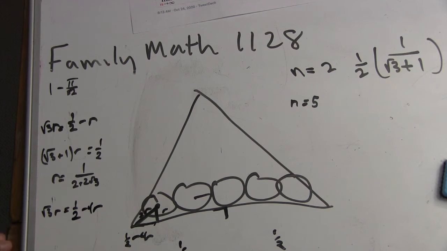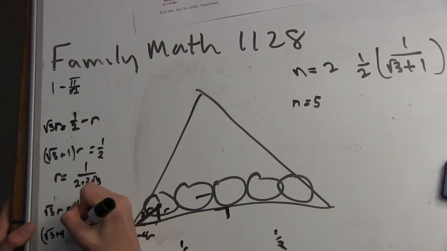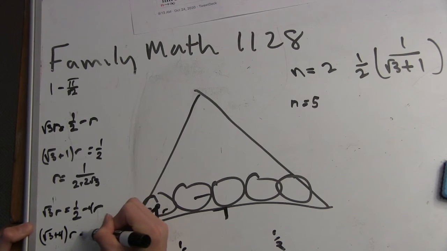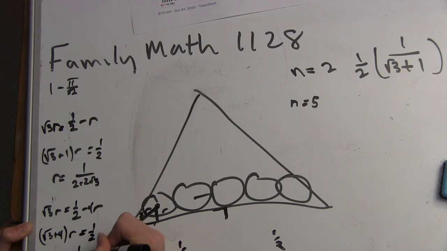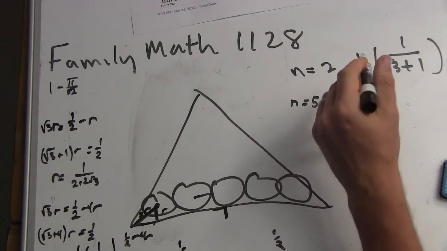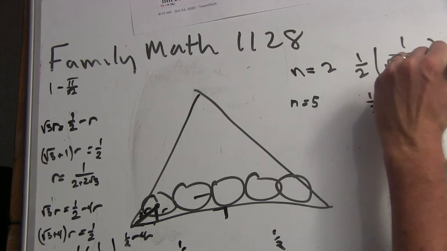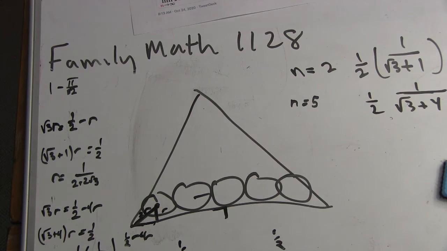So we want to isolate the r's, so we get root 3 plus 4r equals 1/2. And r equals 1/2 times 1 over root 3 plus 4. And so we do get a similar result for r than we got with n equals 2.